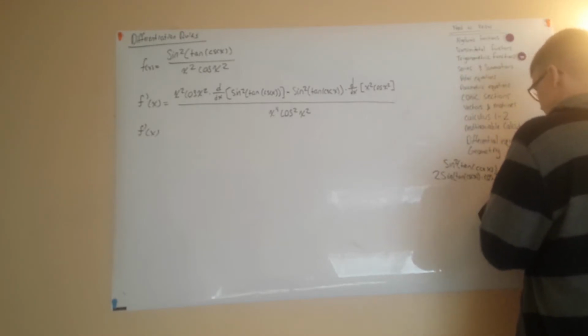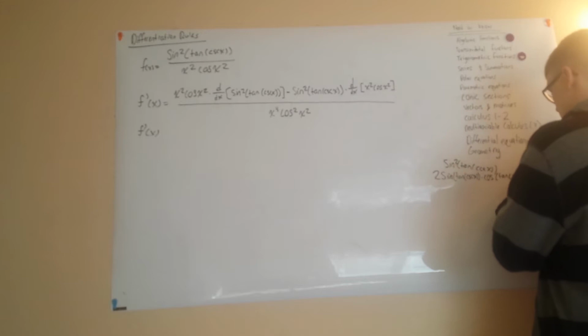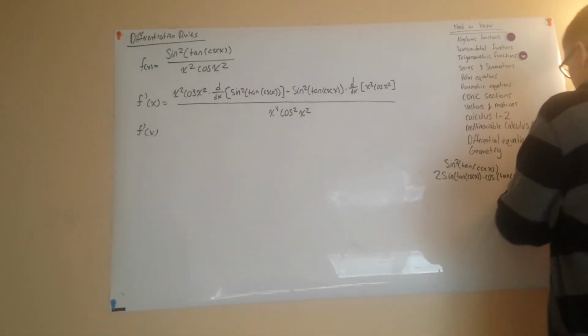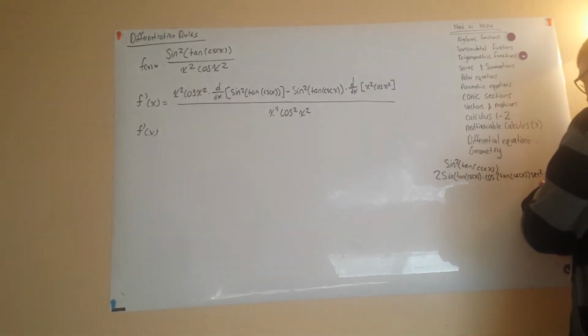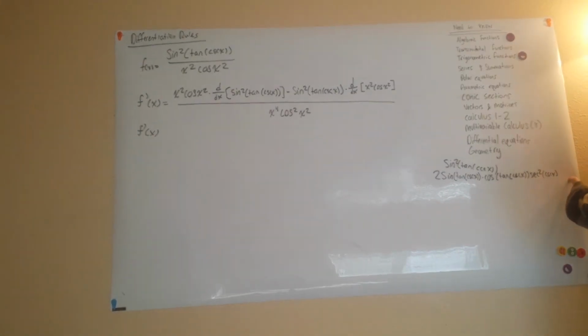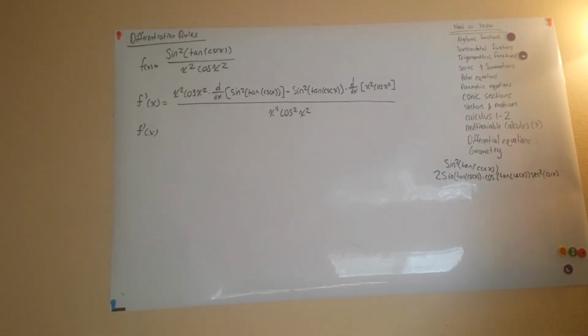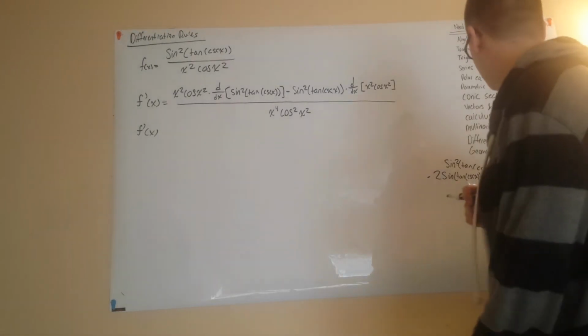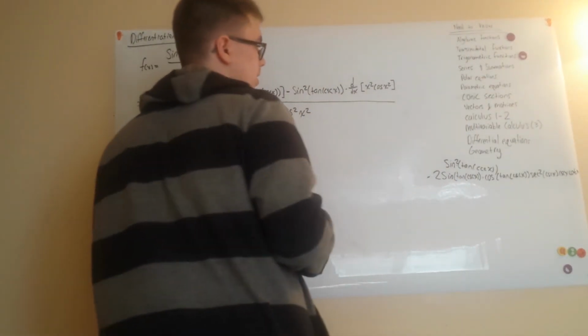We keep the inside the same, multiplied by the derivative of the inside, which is the tangent. Well, the derivative of tangent of something is the secant squared of that something, times the derivative of that inside, which is the cosecant. What's the derivative of cosecant? It is the negative cosecant cotangent.